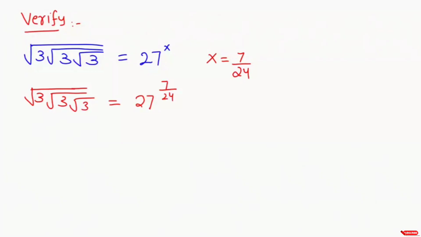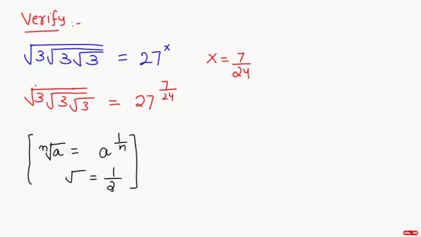Now here I'm going to apply the radical rule, that is the nth root of a can be written as a to the power of 1 over n, and a square root is always raised to the power of 1 over 2. So here we have the 1st root with this 3, and this 3 we have the 2nd root, and this we have the 3rd root.